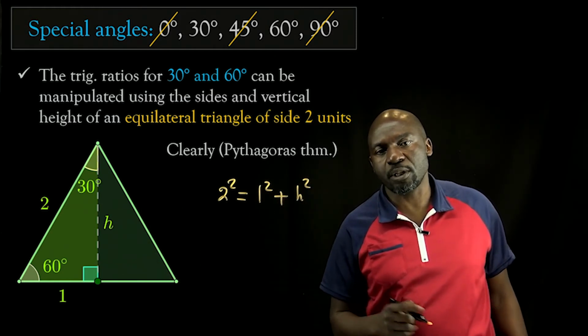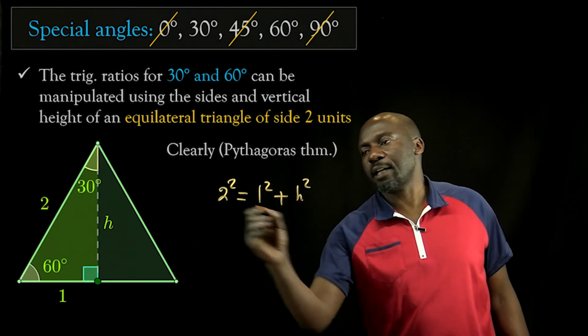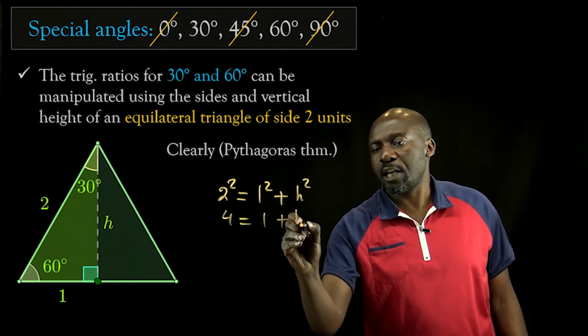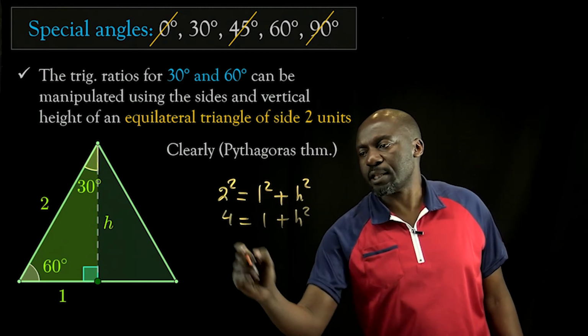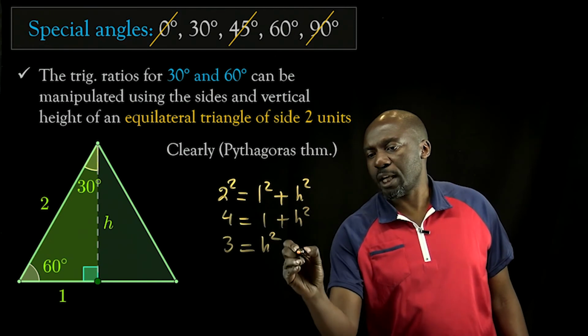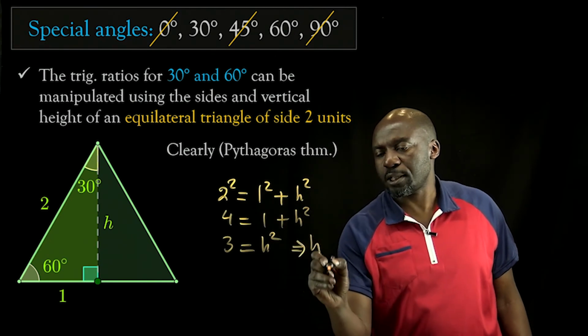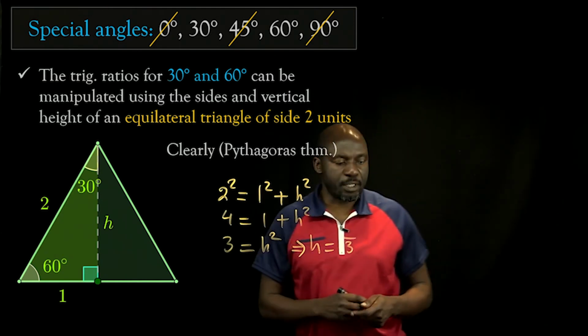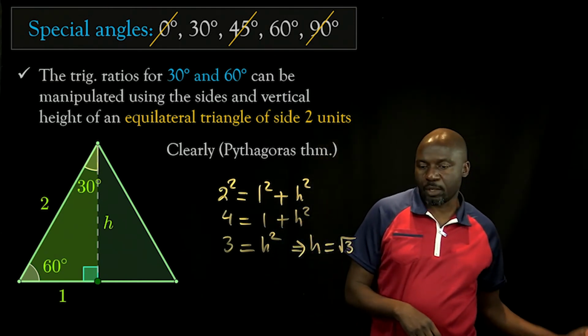The height is the opposite to 60 degrees. And so that is 4 equals 1 plus h squared. Take 1 to the other side. We get 3 is h squared, which tells us that h is the square root of 3. So we know that the vertical height there must be the square root of 3.